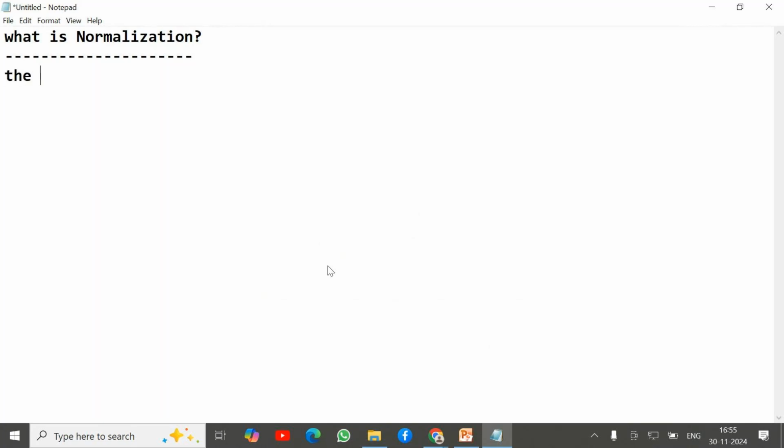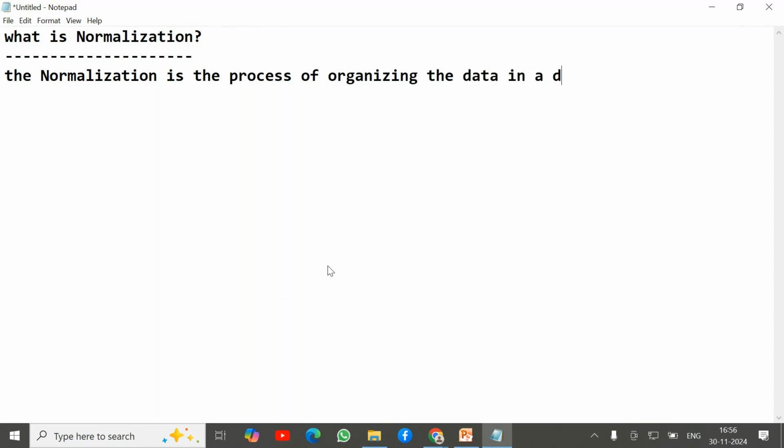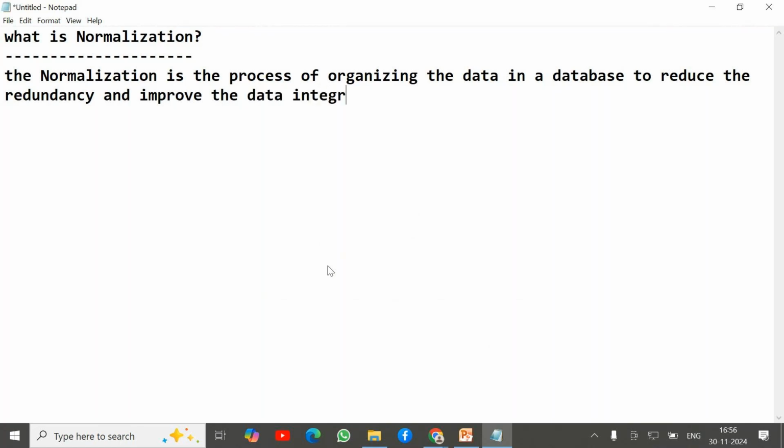Normalization is the process of organizing the data in a database to reduce the redundancy and improve the data integrity.